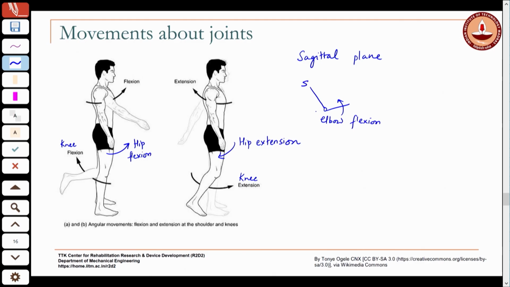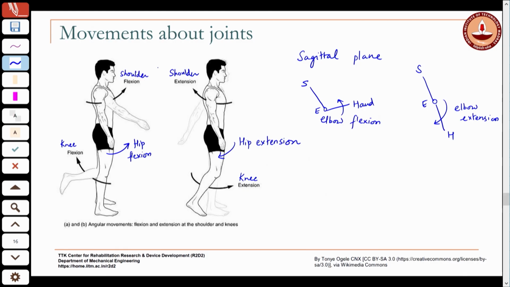So, if this is my shoulder, this is my elbow and this is my hand, and straightening that, moving it like this is elbow extension, bringing it back to the anatomical position. This is shoulder extension.